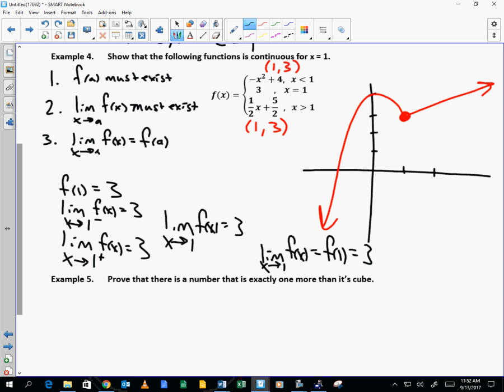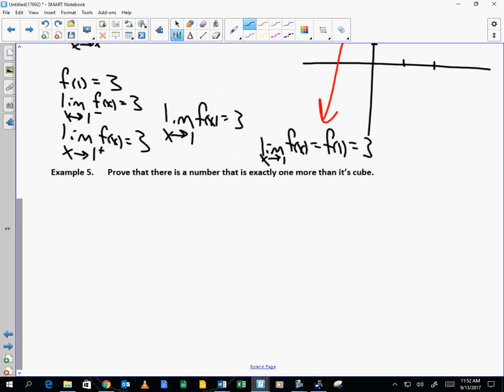And that is 3. So we've proved the continuity. That was the middle one. I did the top one, I did the bottom one, but then to finish it off, I went to that middle one, because I wanted to show the left and right-handed limits first together. Okay, so we proved that it's continuous.